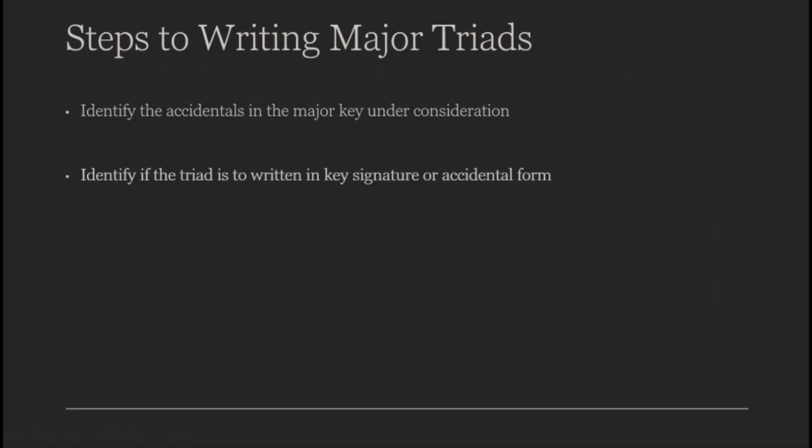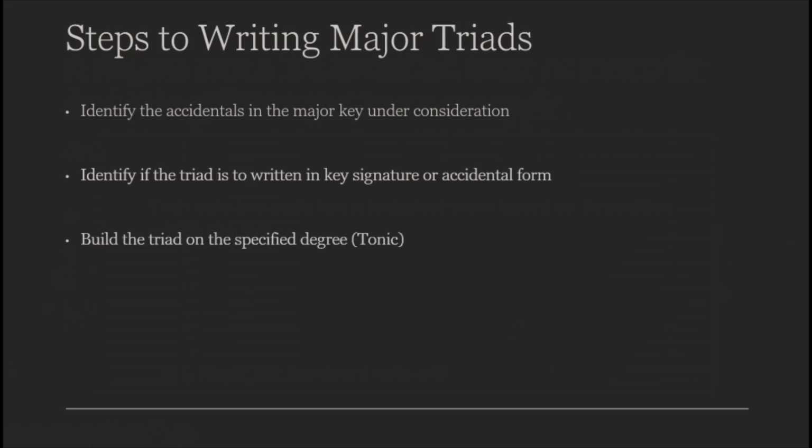Number 2, identify if the triad is to be written in key signature or accidental form. By now you should know the difference between the key signature format of writing the scale and that of accidental format.